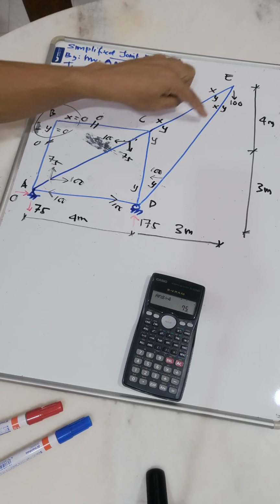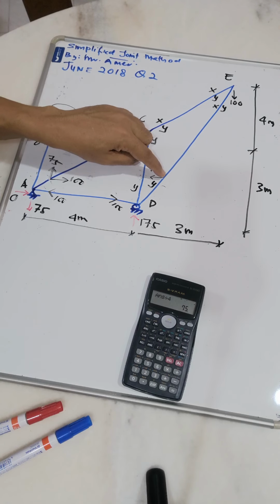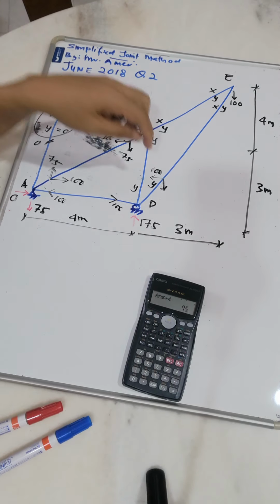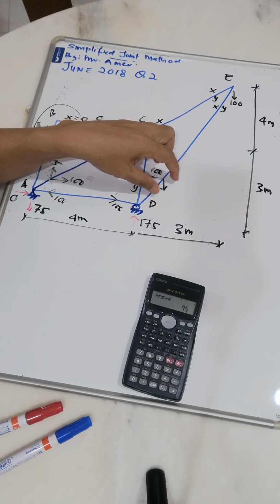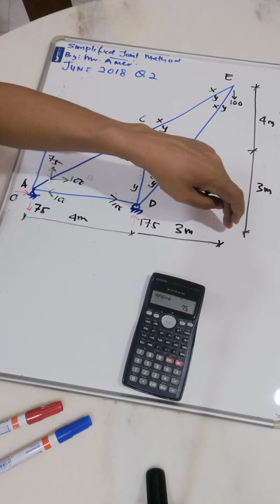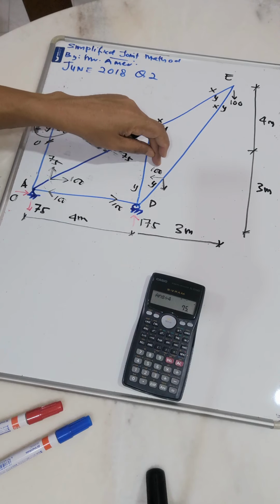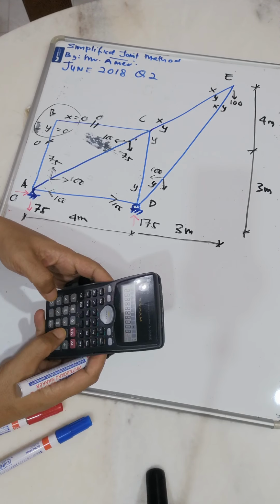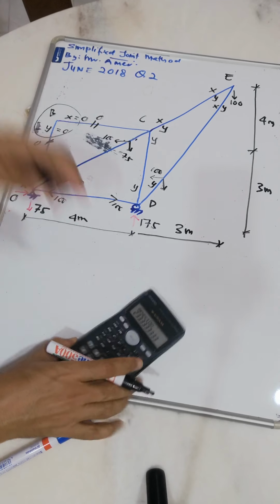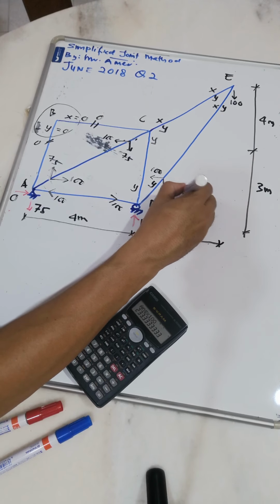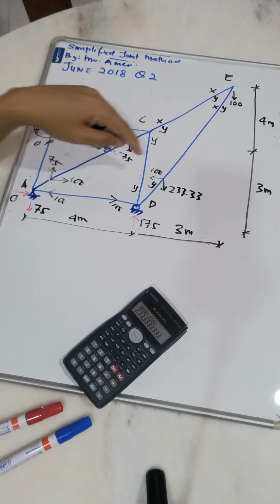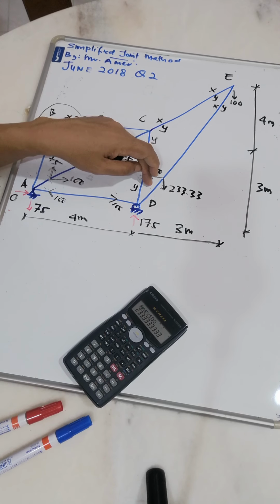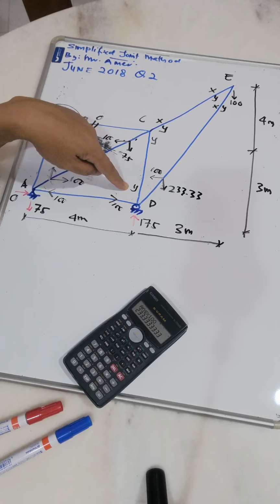For this inclined member, when you have determined this component X, the component Y you can easily determine by using the ratio of dimensions: Y 7 meters divided by 3 meters multiplied by 100. 7 over 3 multiplied by 100, so you get 233.33. Now you have determined this Y and X, there is 1 unknown left in the Y direction.